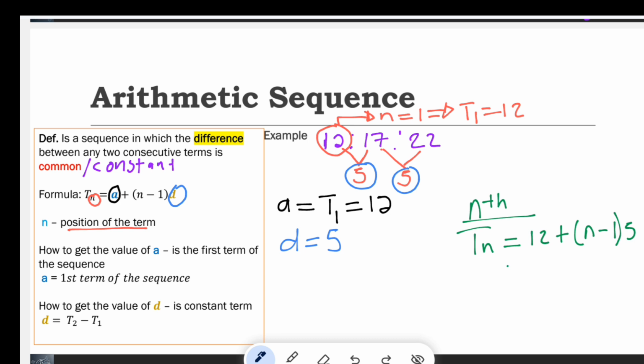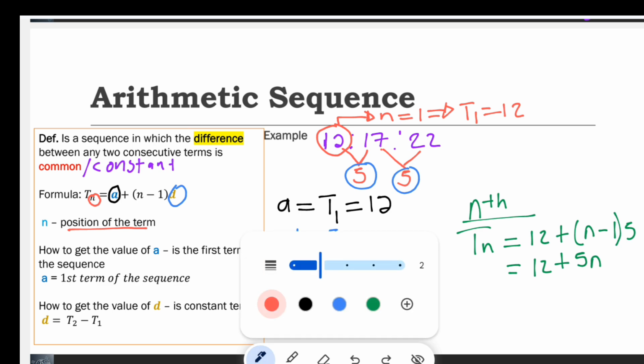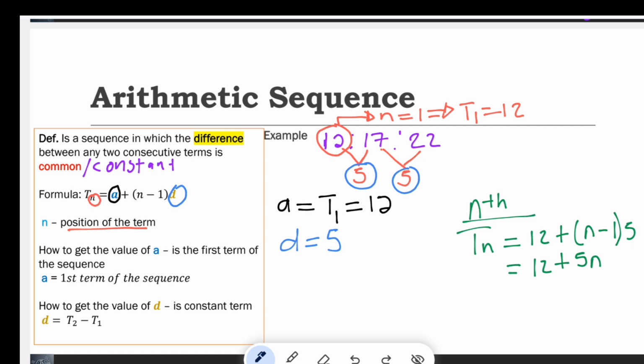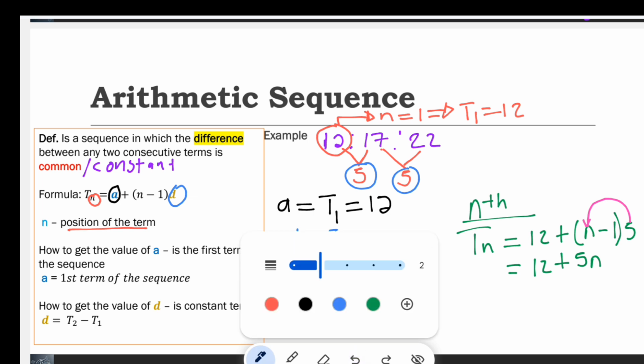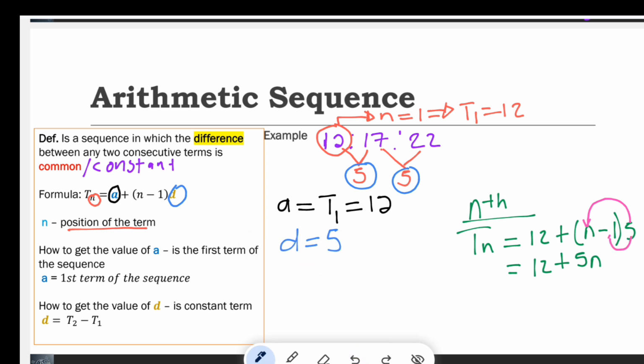Then you solve that. You'll have 12 plus 5n: you multiply the bracket, 5 by n gives 5n, and then you multiply 5 again by negative 1.